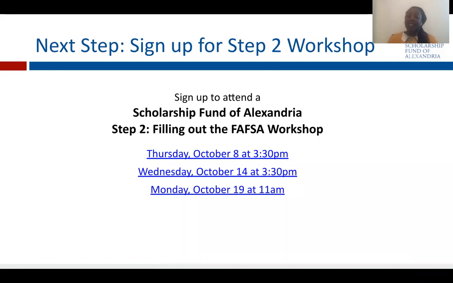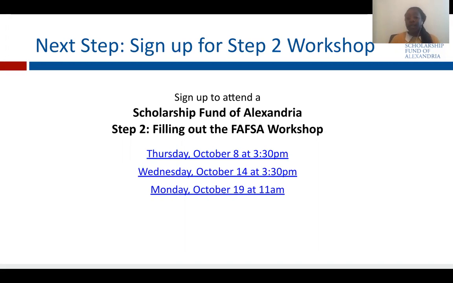So the next step is signing up for step 2 of the workshop. Now that you and hopefully your parent have created an FSA ID, you are able to complete the FAFSA. So we have 3 different FAFSA workshops where we will actually be going through the actual application for federal student aid.